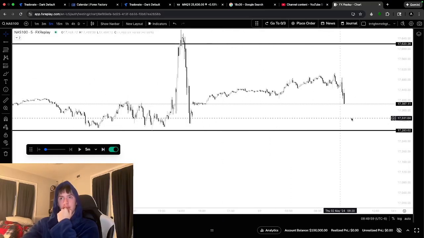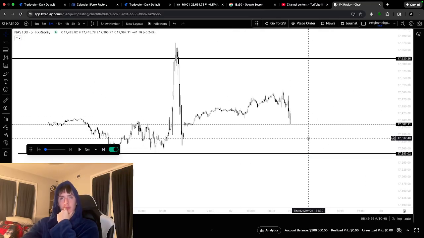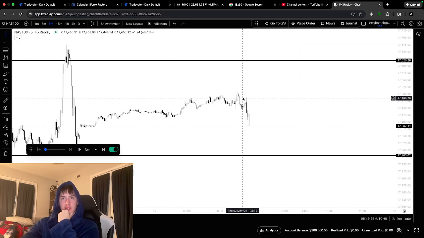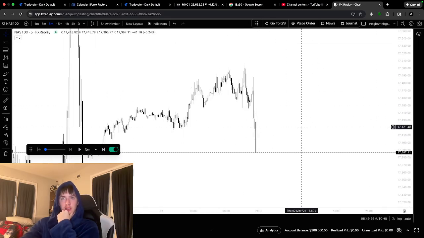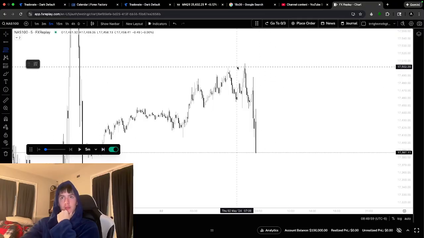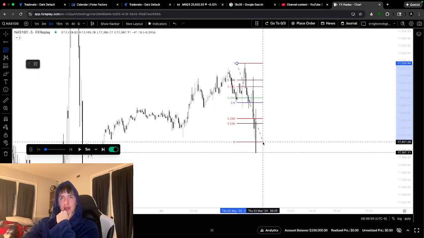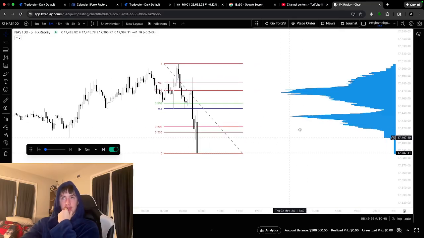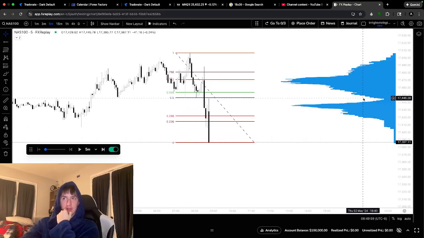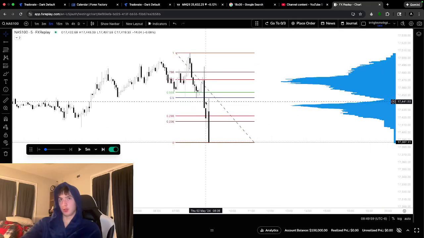I mainly trade on the 5-minute chart. Since this is the recent high before we push down, I'm going to be looking to get an entry based off of the high of the range and the low of the range. As you can see, this happens to line up perfectly with a very deep low volume node and a 5-minute gap right here.